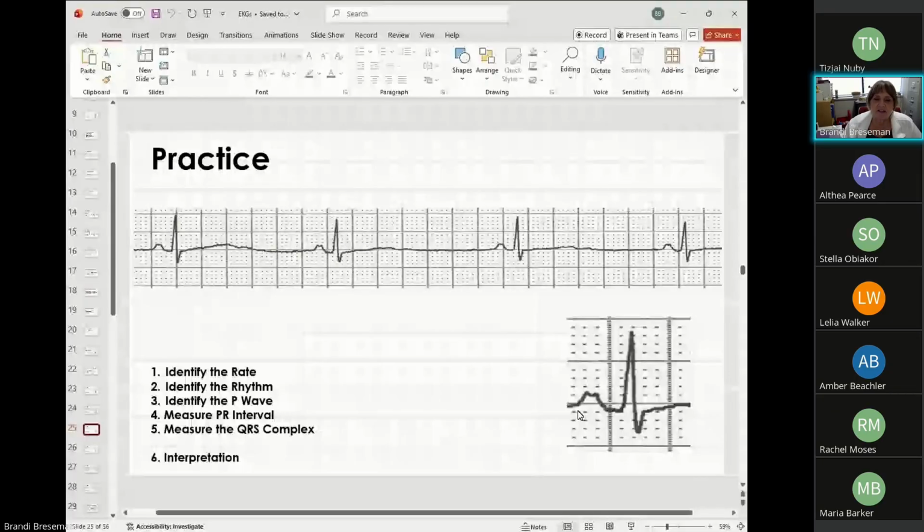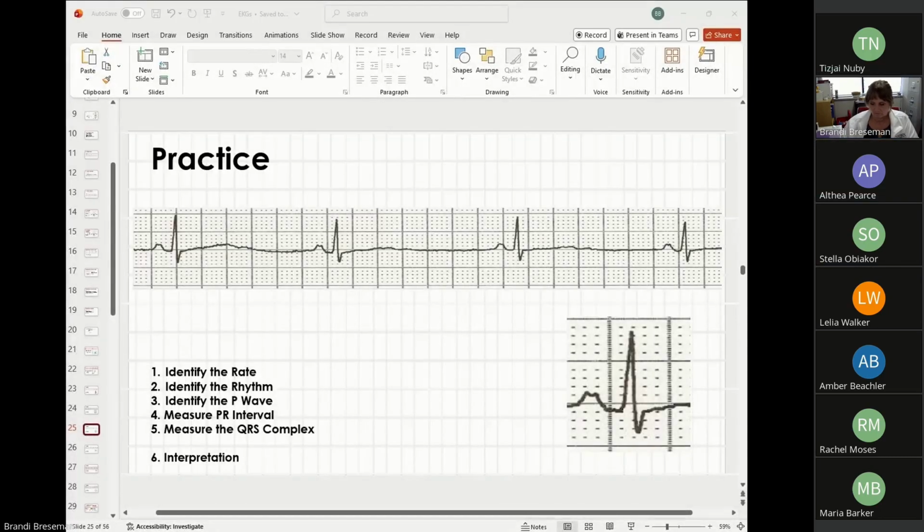What are the signs and symptoms of poor perfusion due to bradycardia? Syncope, confusion. What else?